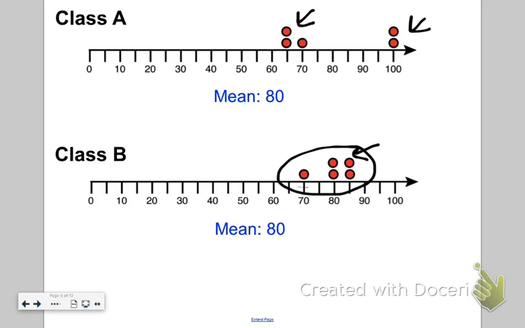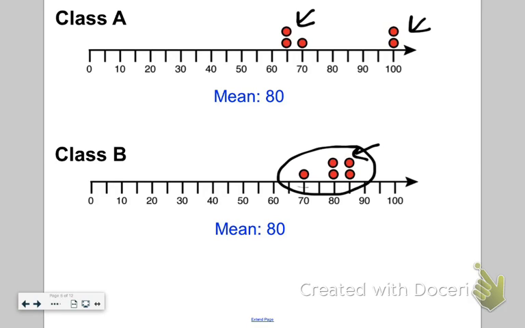So even though 80 is the average for both Class A and Class B, let's change colors here. Let's go with purple. Even though the mean is 80 for both classes, these two 65s here, well, guess what?